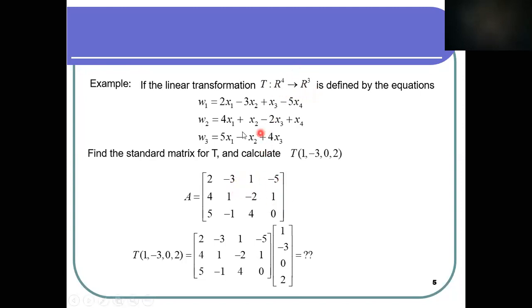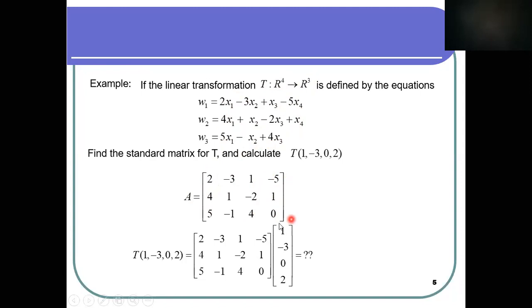So here, take the coefficient matrix of this system of equations. If we take w1, w2, w3, these are the elements of the codomain, and x1, x2, x3, x4 are the elements of the domain. If you take the coefficients on the right-hand side and make a matrix, this is 2, 4, 5, then minus 3, 1, minus 1, then 1, minus 2, 4, minus 5, 1, 0.